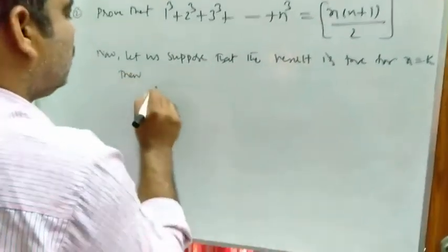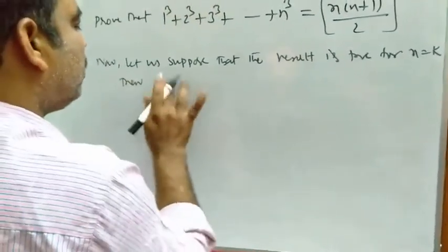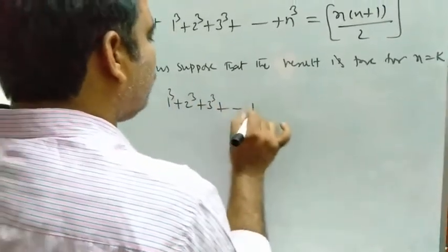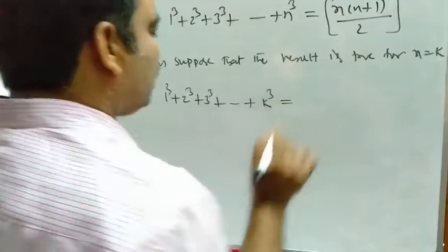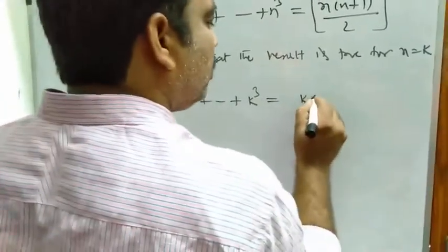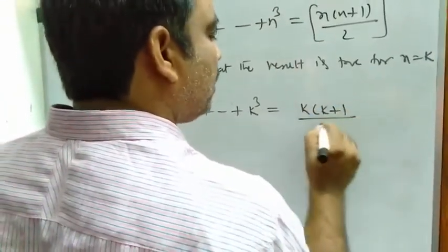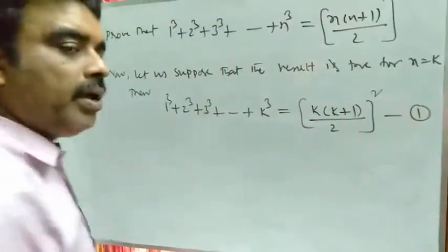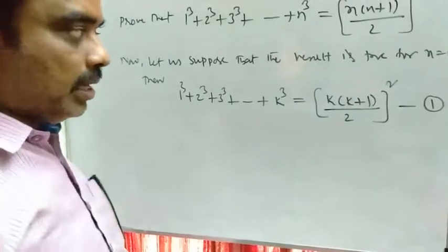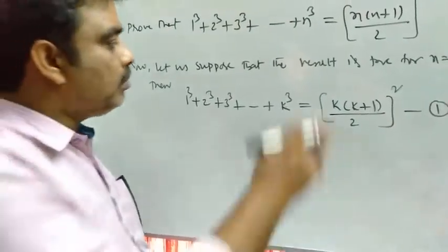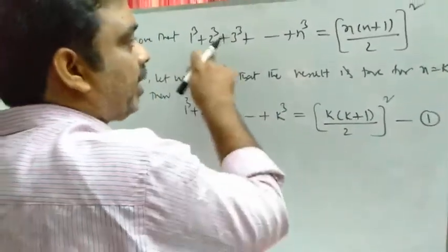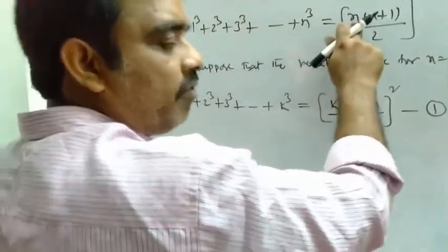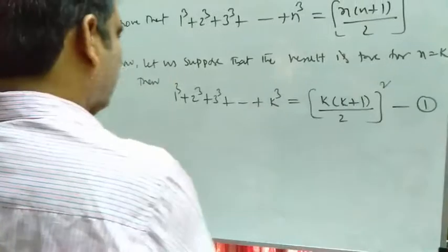Then 1 cube plus 2 cube plus 3 cube plus so on plus k cube is equal to (k into k plus 1 by 2) whole square. Call this equation number 1. Because the theorem is true for n is equal to k terms, it has to satisfy for k terms.